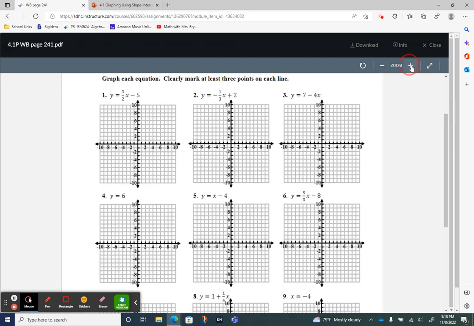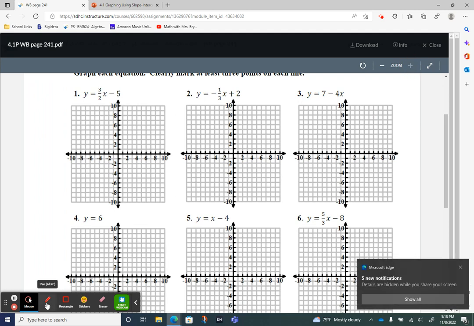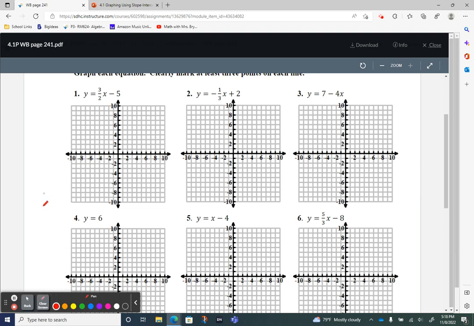As you can tell, you're going to be graphing a whole bunch of lines. So let's go ahead and zoom in and figure out what we're going to do. So we have to think y equals mx plus b. And we know that the m is our slope, our rise over our run, and the b is our y-intercept. Where does it cross the y-axis?